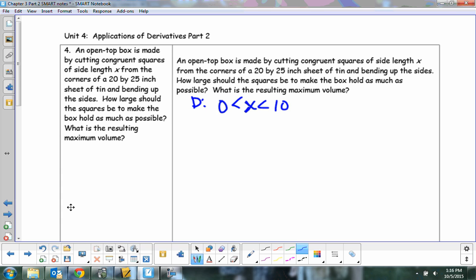Yes? Okay. So then it says that I take these squares out. All right, real quick.